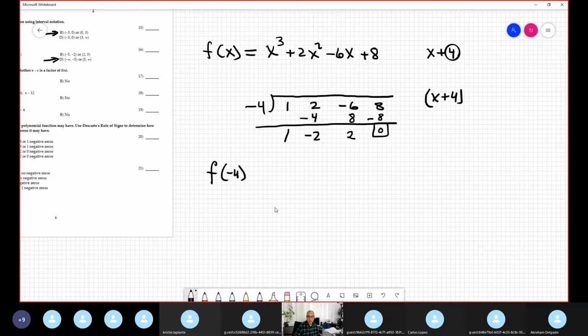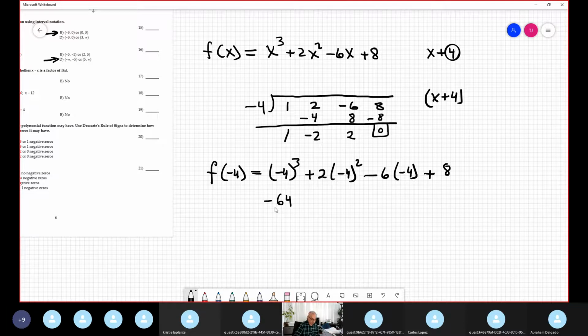You plug in negative 4 in the original polynomial: negative 4 cubed plus 2 times negative 4 squared minus 6 times negative 4 plus 8. Then negative 4 cubed is negative 64, because 4 times 4 times 4, 3 times, and when the exponent is an odd number, it stays negative. In this case, no. In this case it's 16 positive times 2 is 32 positive.